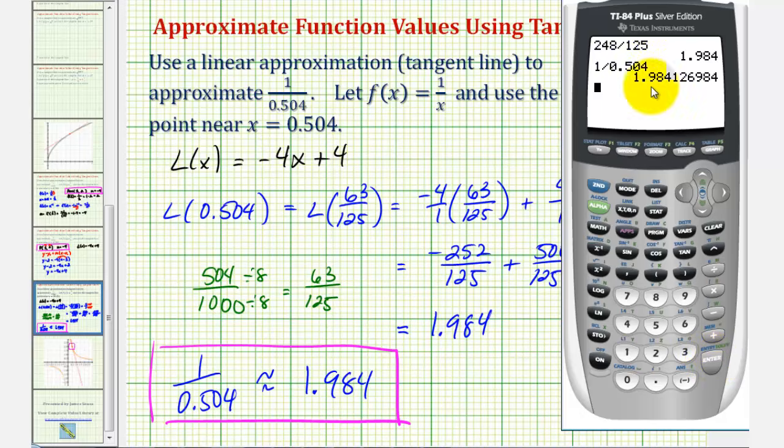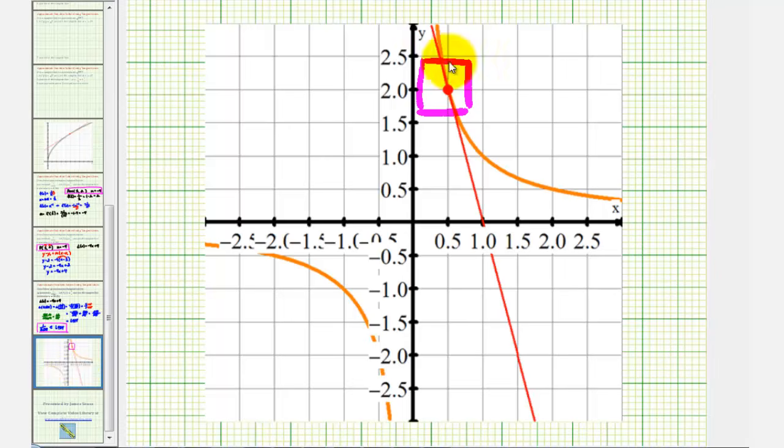Notice how the exact value is actually very close to our linear approximation. And again, the reason this approximation is so good is because the tangent line is so close to the function when x is 0.504. I hope you found this helpful.